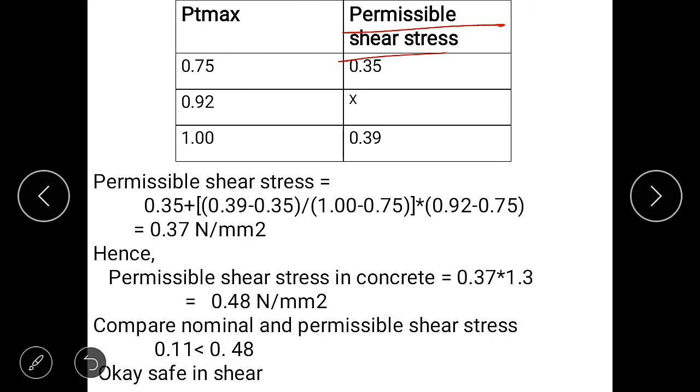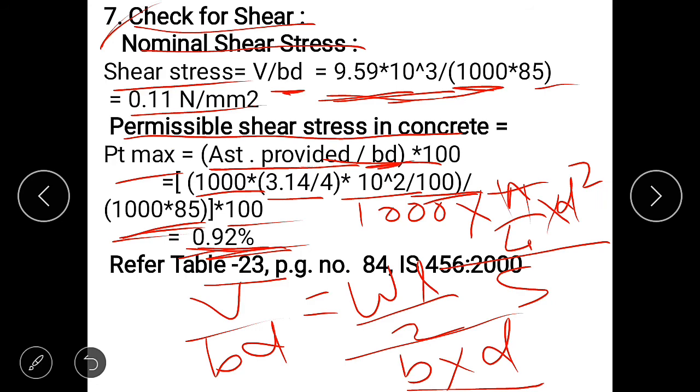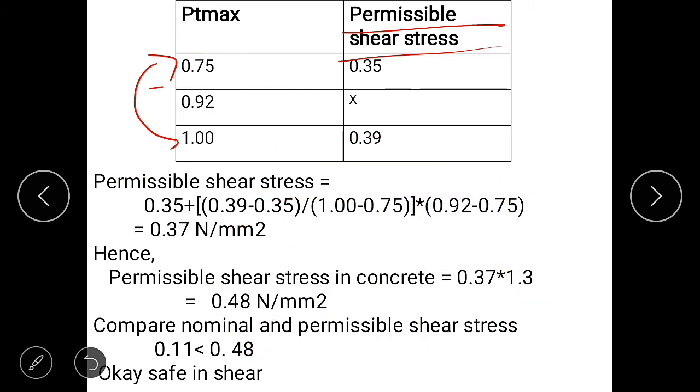Here in table number 23, page number 84, the value of 0.75 is given, 0.35 permissible stresses. For one percentage, the permissible stresses is given 0.39, but for 0.92 we don't know what is permissible shear stresses.